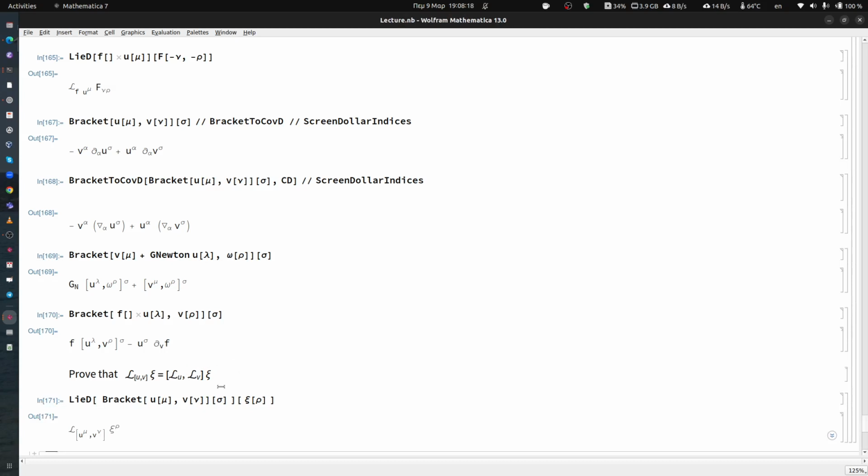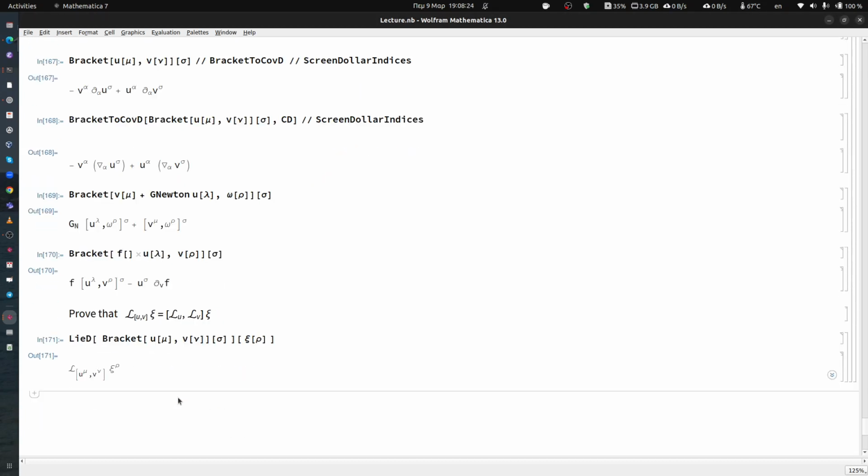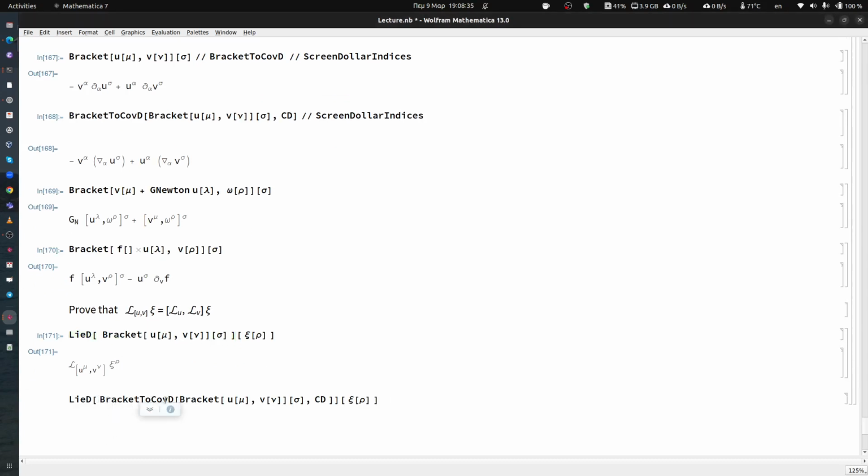So the first thing that we will do is to write this in terms of the covariant derivative. So we apply the function bracket to cov d to this vector.